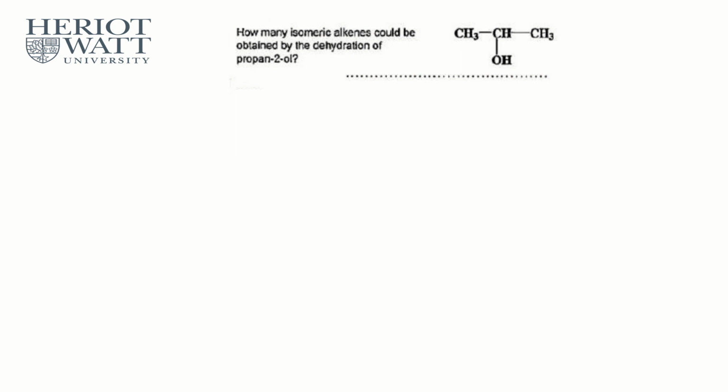Okay, next one is about eliminations. So elimination is removing something from the molecule to form an alkene. So the ultimate goal here is to form alkenes, double bonds, right? So let's look at this compound. Now this obviously is an alcohol.